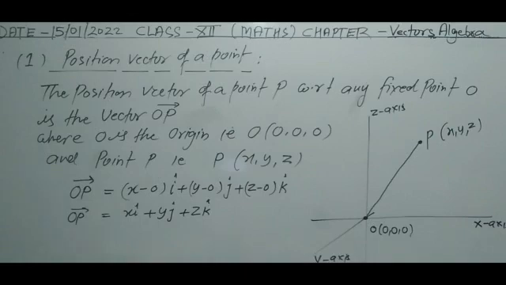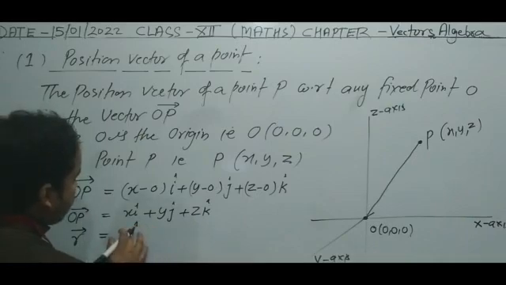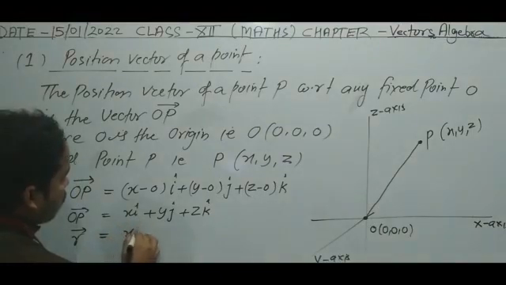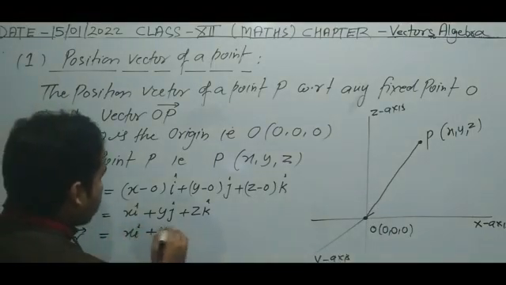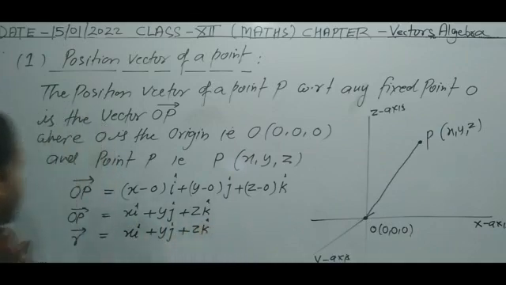And we can also consider r is equal to xi plus yj plus zk.